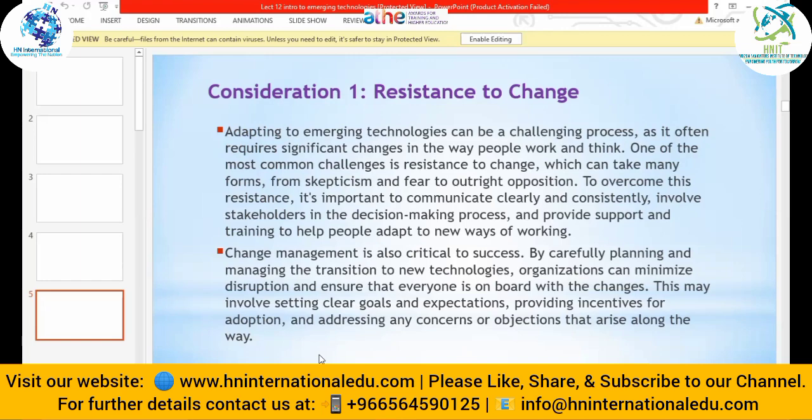Our willingness to change is the first thing when we adapt something. Are we willing to adapt that thing personally and mentally, or are we adapting that new technology for someone or at the request of someone? Unless we are willing to adapt that change, there is resistance to change.